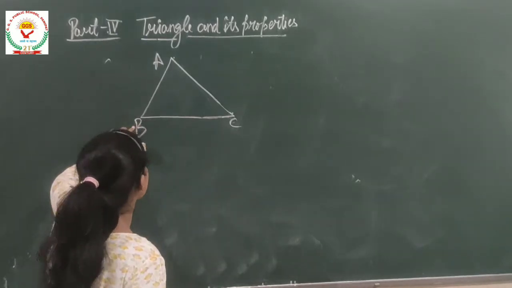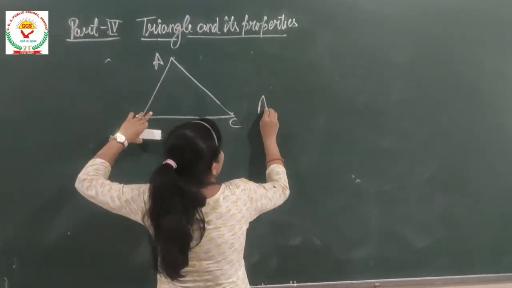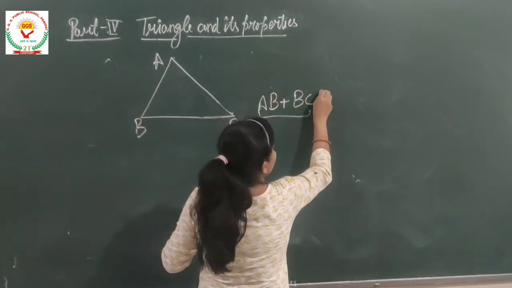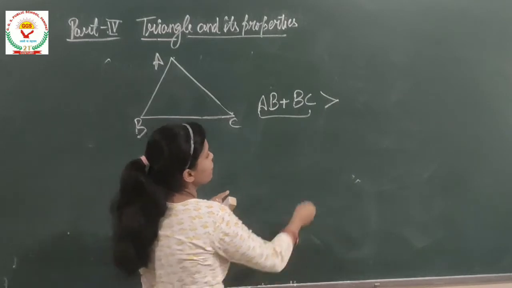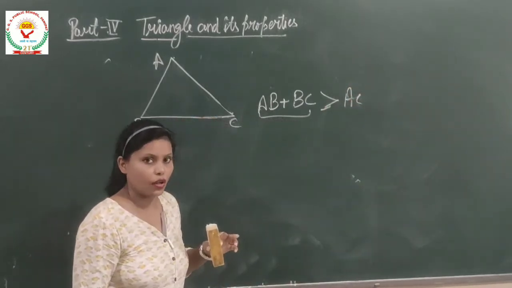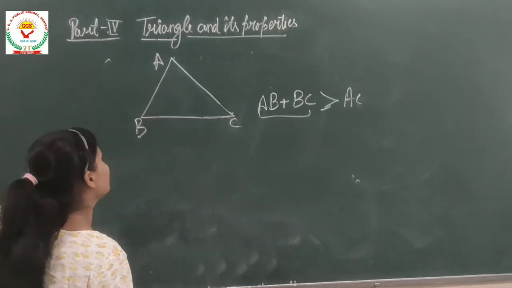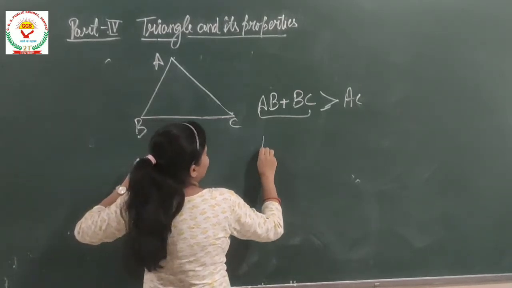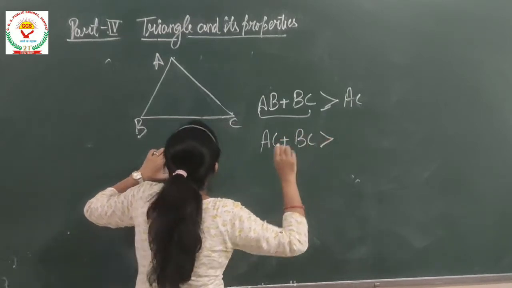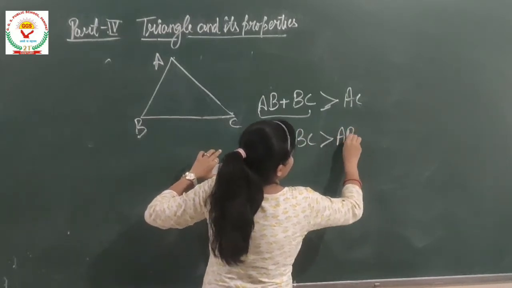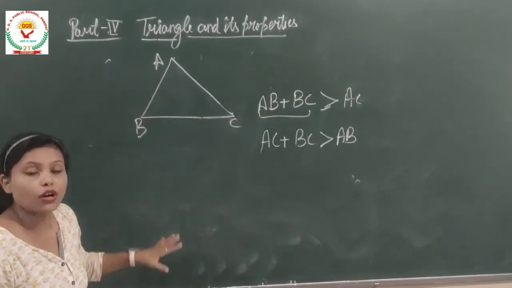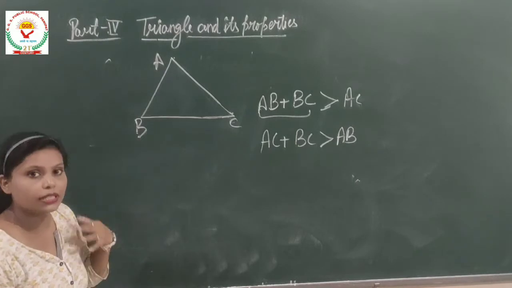Suppose we have this triangle. It means if we add AB plus BC, this will always be greater than AC. Or we can say, if we add AC plus BC, that will be greater than AB also. So this is the property of the triangle which we will use in the exercise.